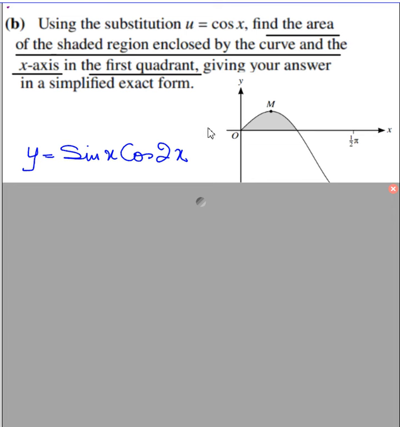Now in the second part of the question, you have to find out the area of this shaded region, right? And we know when we integrate a function, we get the area. And the question is saying between the curve and the x-axis. So I need to know these limits. This limit is known, which is 0, but the other limit is unknown.